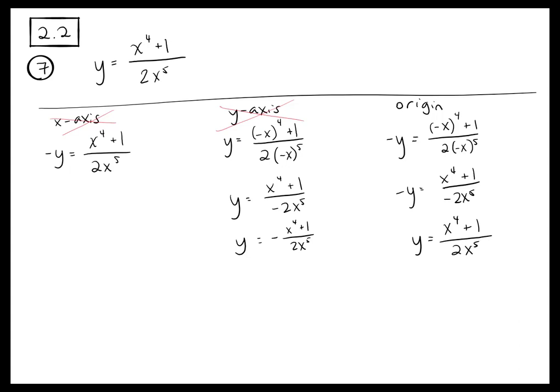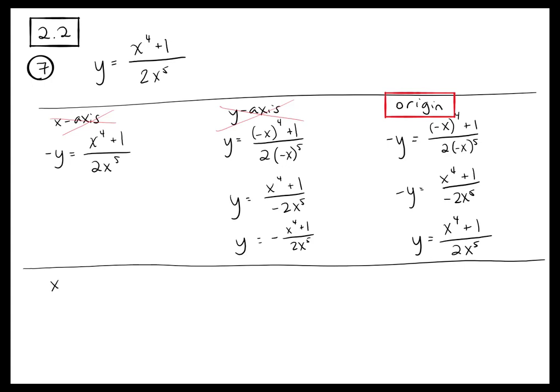And so it does have symmetry about the origin, whereas it didn't have any of the x-axis or y-axis symmetry. And it's possible to do that. It doesn't have to have both x-axis and y-axis symmetry to have symmetry about the origin. However, like the last question, if it does have both, then we do know it has symmetry about the origin.